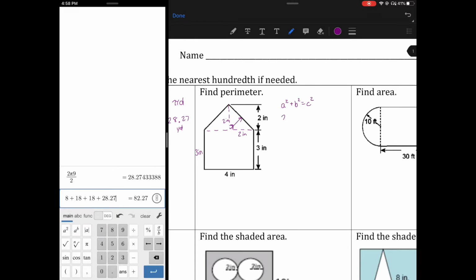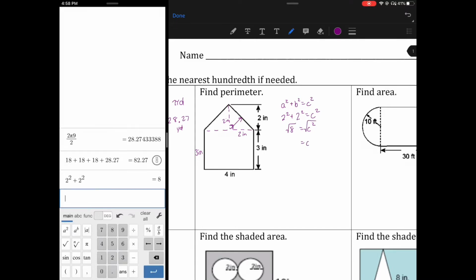So I'm going to plug in my a, and I'll plug in my b, and then I'll go to Desmos, and I'll do 2 squared plus 2 squared to see what that's equal to, which is 8. And then in order to find what c is, I'll take the square root, and the square root of 8 is going to be about 2.83.